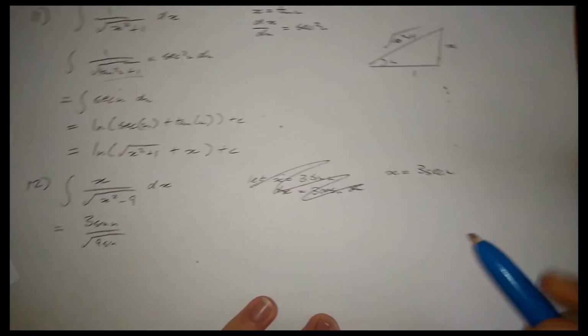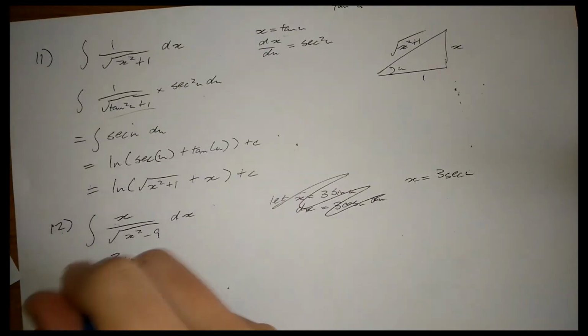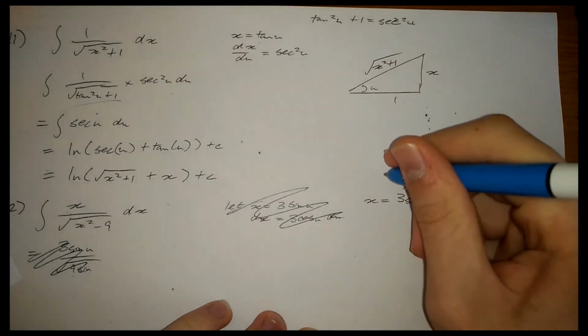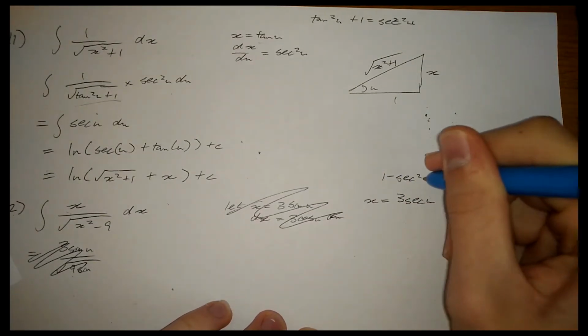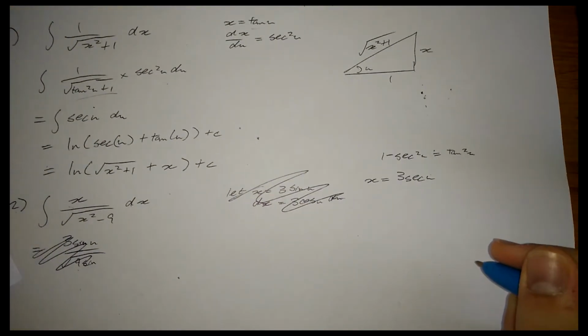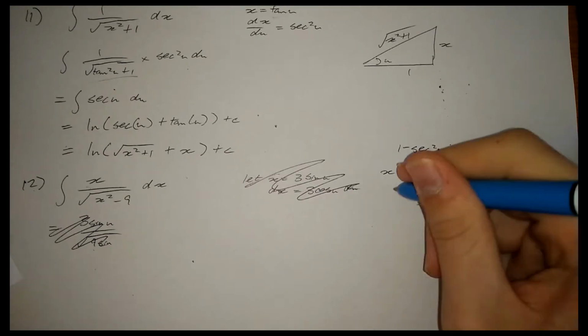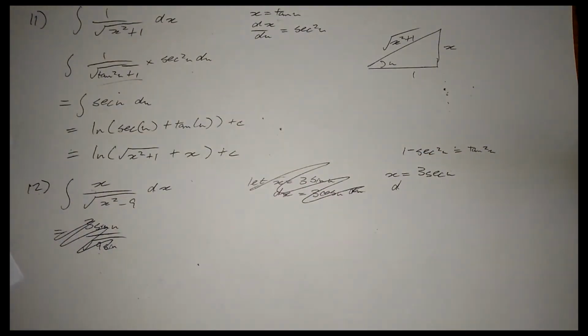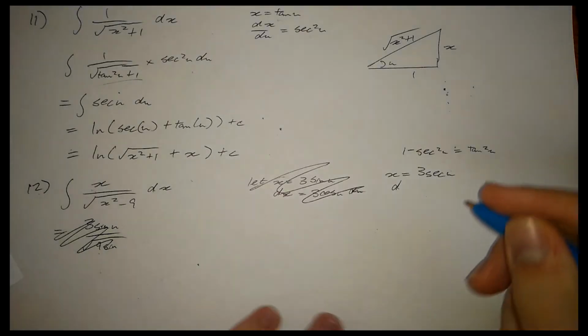So if it was 9 minus x squared, we'd use 3 sine u, but since it's x squared minus 9, we use 3 sec u, because this is the identity we want to use. By doing that, the derivative of sec u is 3 tan u sec u.